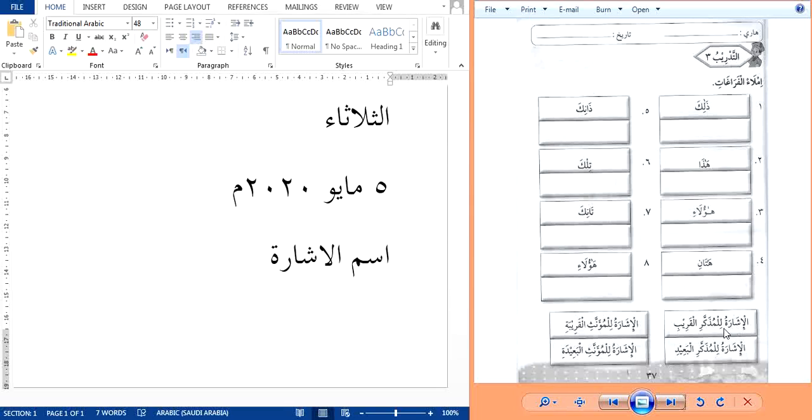Either it is الإشارة للمذكر القريب, the demonstrative noun for boy, for near, or الإشارة المؤنثة القريبة, the demonstrative noun for girl, for near, and then الإشارة للمذكر البعيد, the demonstrative noun for boy, for far, and الإشارة للمؤنث البعيد, the demonstrative noun for girl, for far.